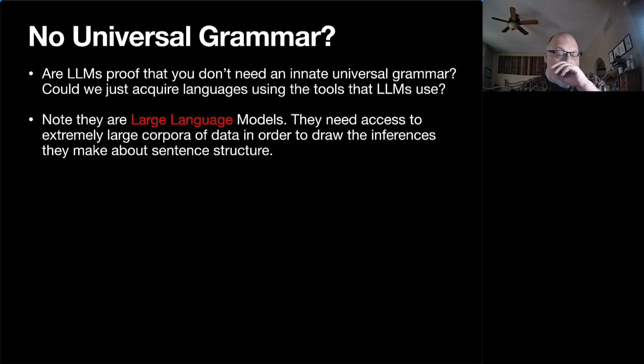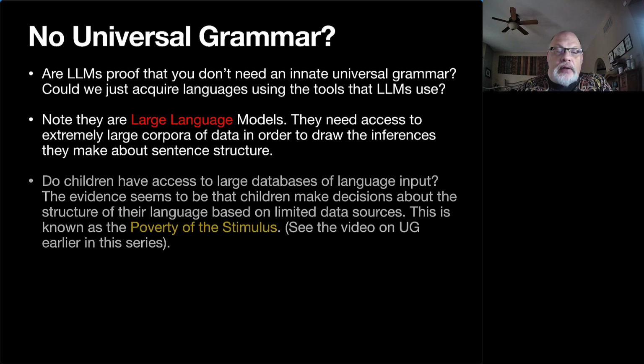Now, let's think about what universal grammar does for a child acquiring a language. It's simply the case, and it's not hard to prove this, that children do not have access to large databases of language input. They don't have access to every English sentence ever published on the web.